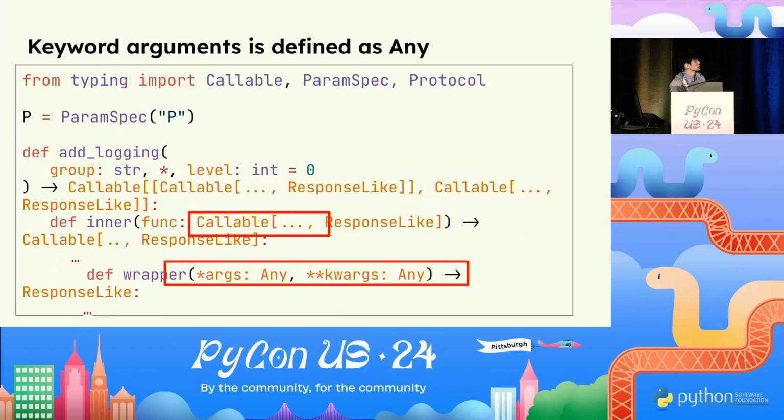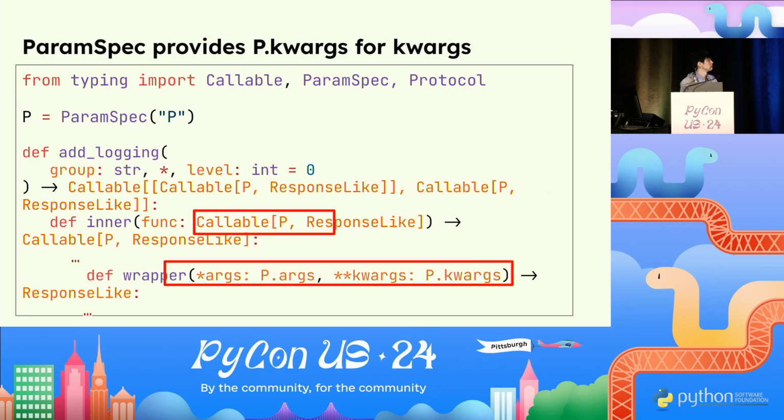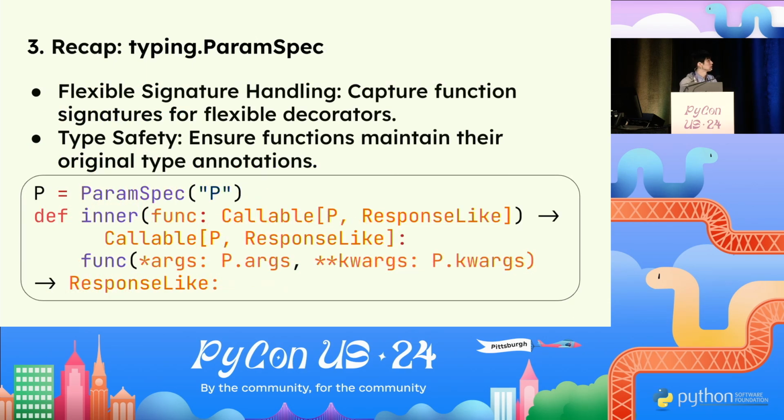Now we use Callable as an argument, and usually we use Any for this argument. But now we can use P.args and P.kwargs. Recap: we don't need to import Any.